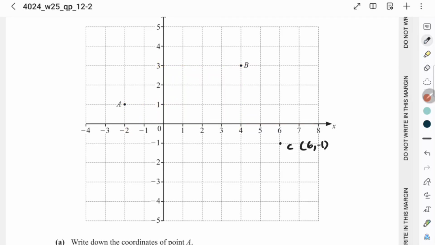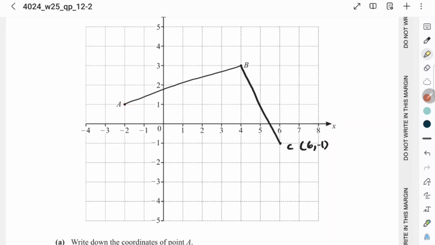A to B, B to C, and then C to D. So just draw A to B, and then B to C, and then obviously D will be somewhere here, because it's a parallelogram. So just try 2 points here, and then we'll have to see how much it is going up.